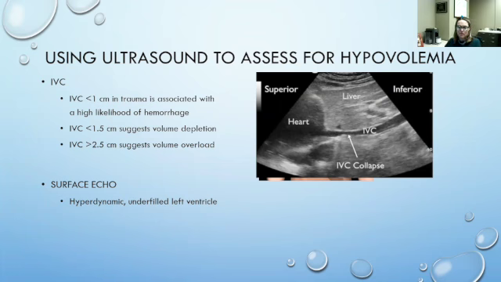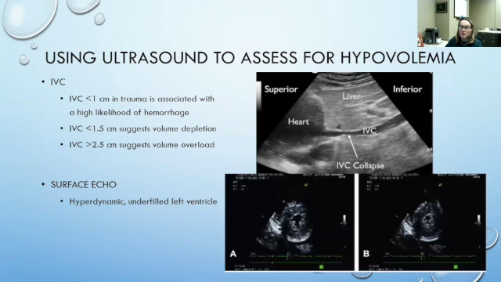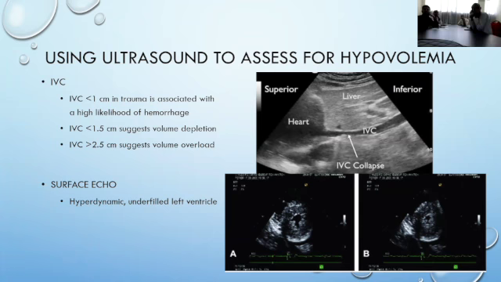The other thing is just surface TTE. This is a parasternal short axis view, and this is classically what you would see in a patient that was hypovolemic. That's the left ventricle right in the center of those two images. You can see that it looks very, very thick, and it's actually not.